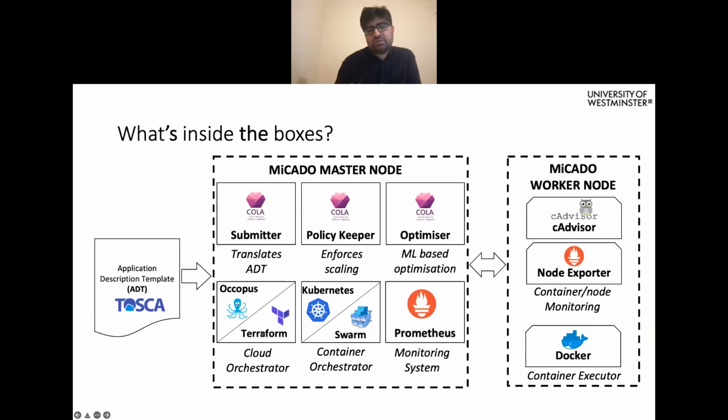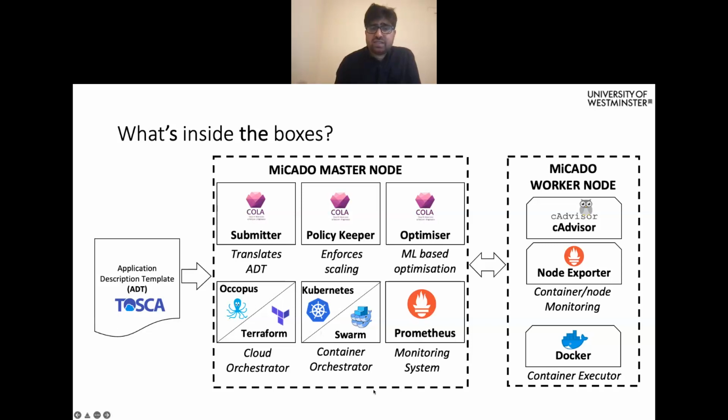The reason for including these two is that Octopus has support for some cloud providers for which Terraform does not provide support. So it was included so that MiCADO supports a large range of cloud providers.